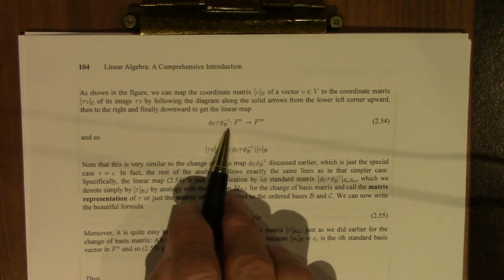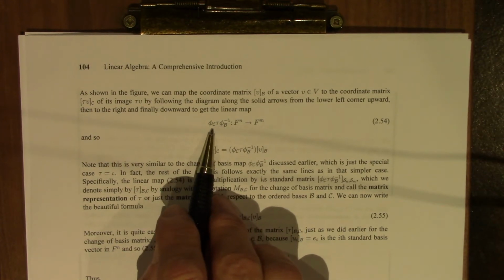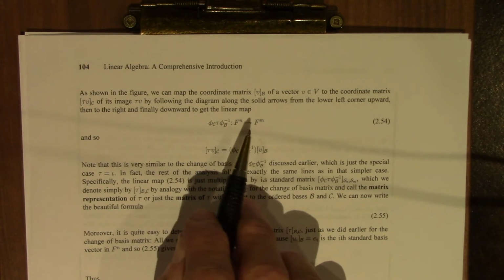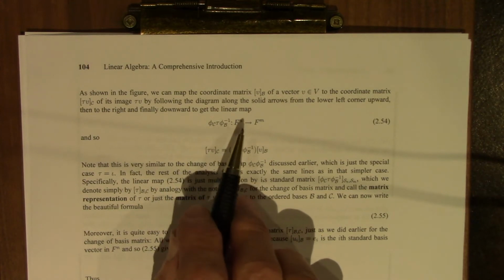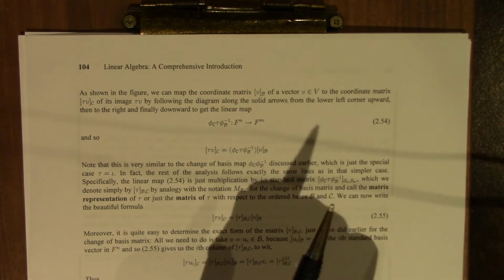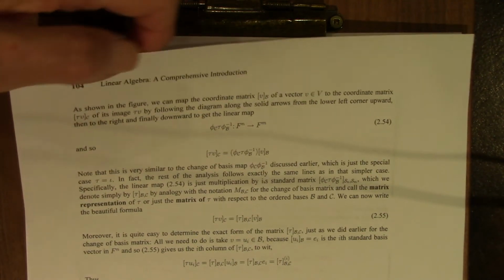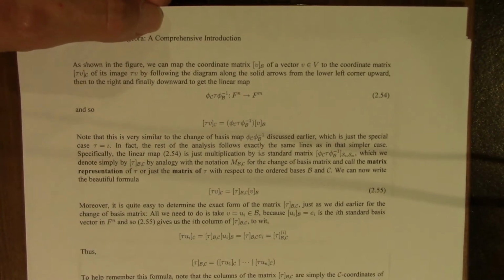This map is linear because it is the composition of three linear maps. So it is a linear map from Fn to Fm, and therefore it is represented by a standard matrix.